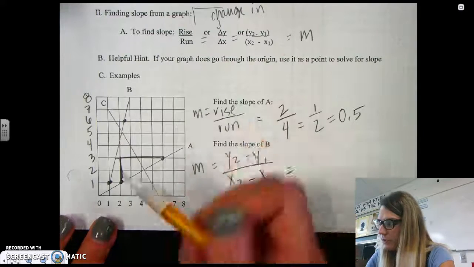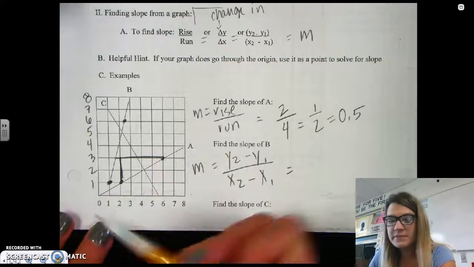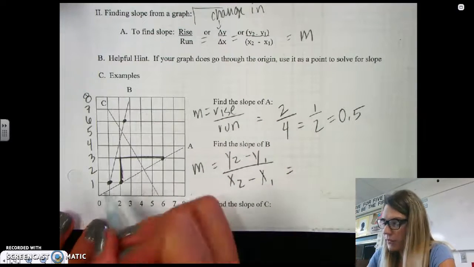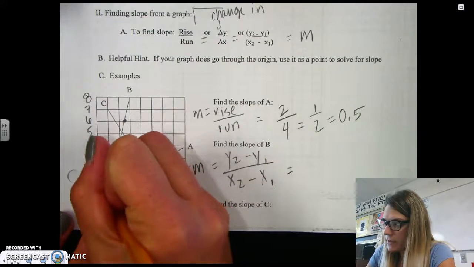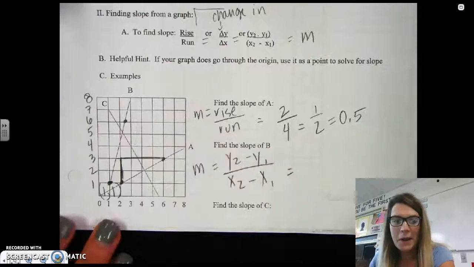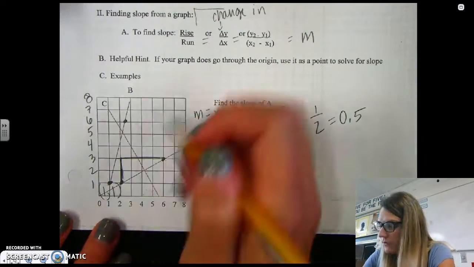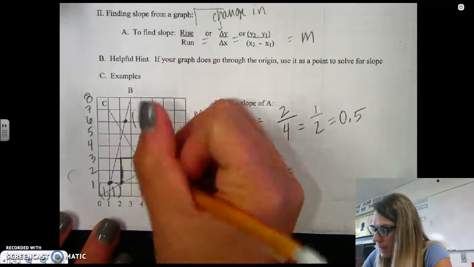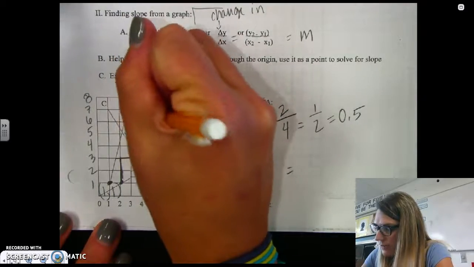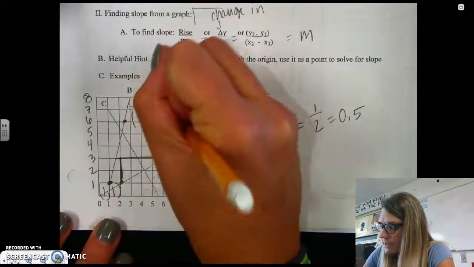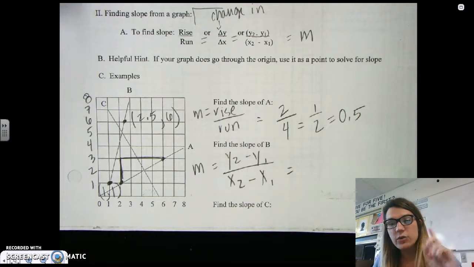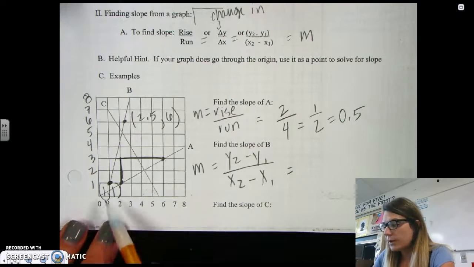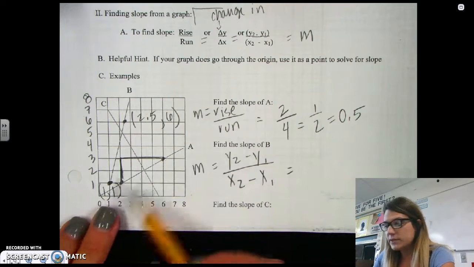Okay, so it doesn't matter which one's 1, which one's 2, but I do need to know what the origin is. So for B, this is my x is 1, my y is 1. Okay, and then for this point up here, my x is like 2.5, where my y is 6. Now it doesn't matter which one you denote as 2 and 1, as long as you keep the order the same. So I'm just going to call this one 1, this one 2.